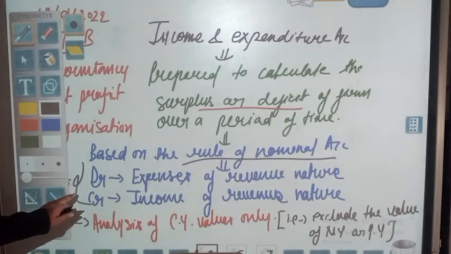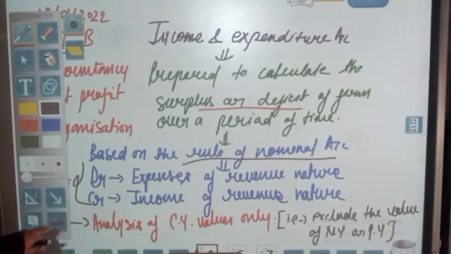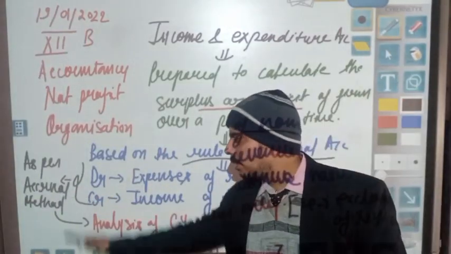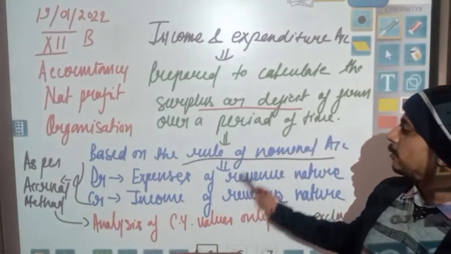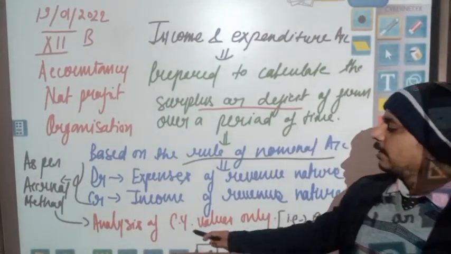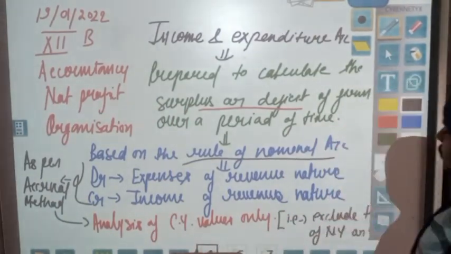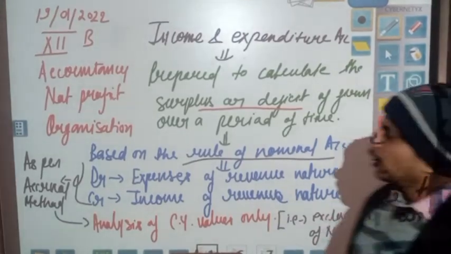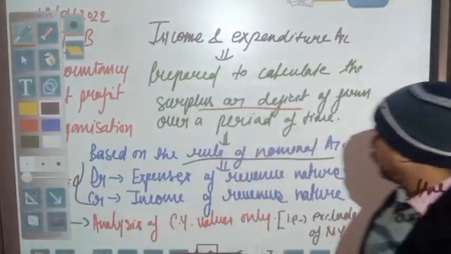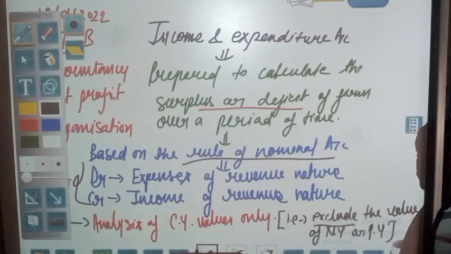And one thing I will also remind again, that these debit and credit are made as per the accrual method. Accrual method means this analysis of income and expenditure is related to the current year only, and the value of next year or the previous year will be excluded.